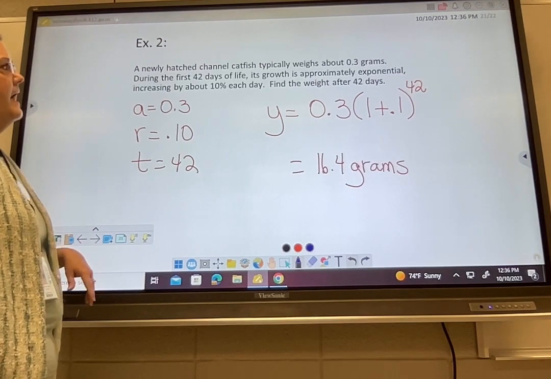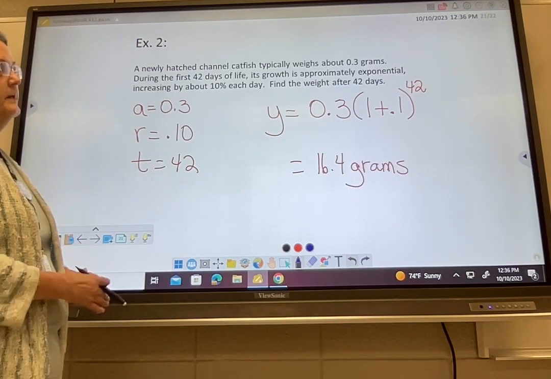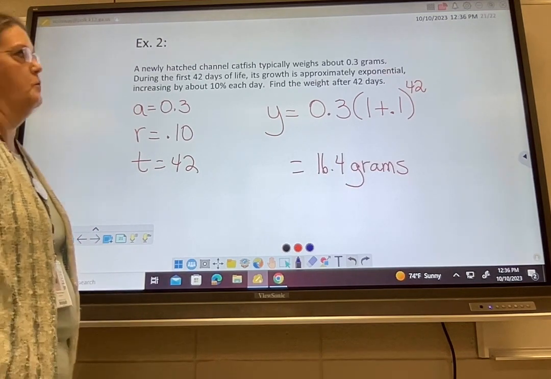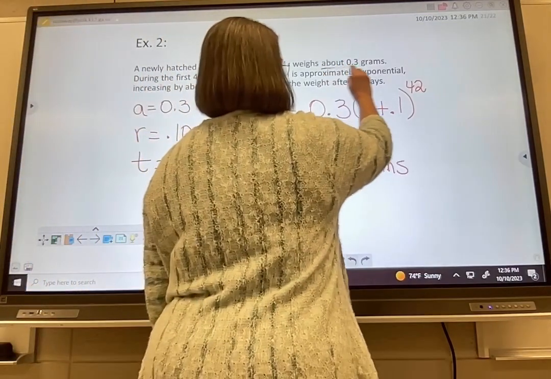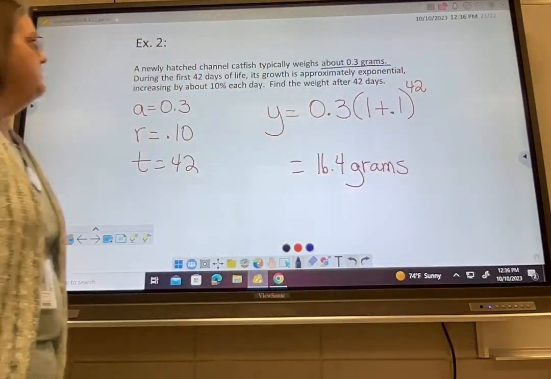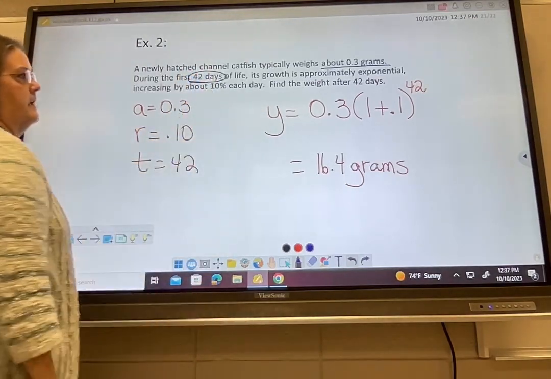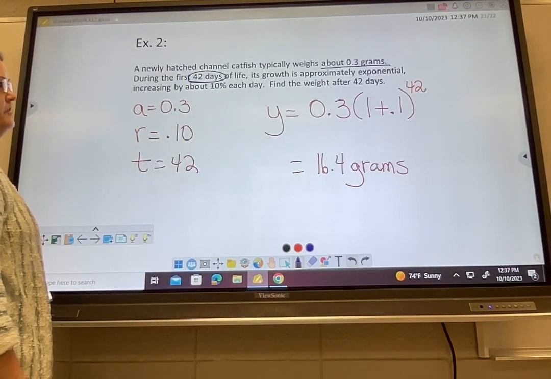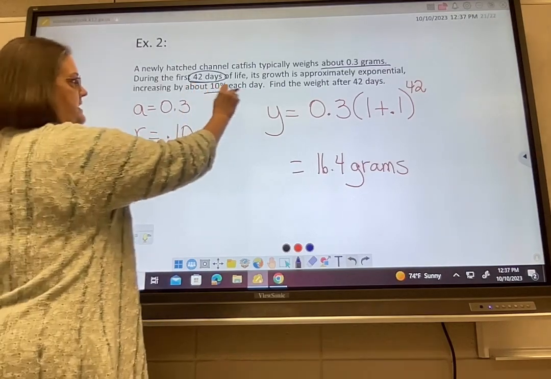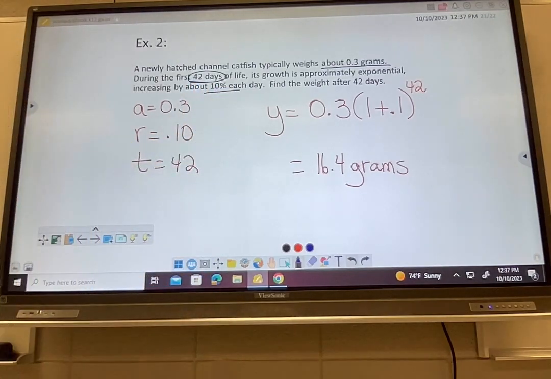Okay, a newly hatched channel catfish typically weighs about 0.3 grams. That's your initial amount, that's your a. During the first 42 days of life, that's going to be our time, its growth is approximately exponential, increasing about 10% each day. Find the weight after 42 days.